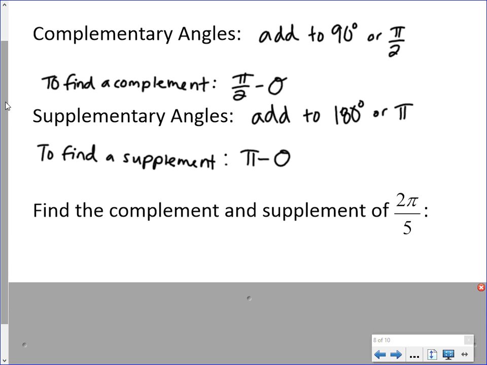So just to practice our radians, because I think that's the place where probably most people are going to need the most guidance, can we find the complement and the supplement of 2 pi over 5?